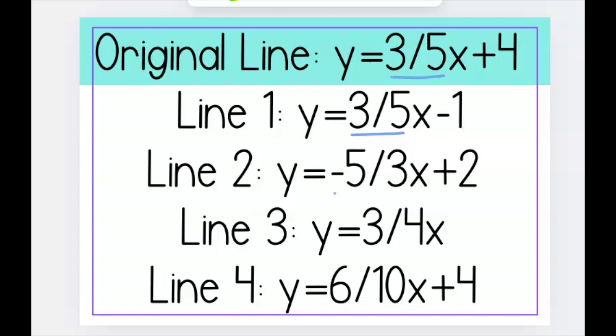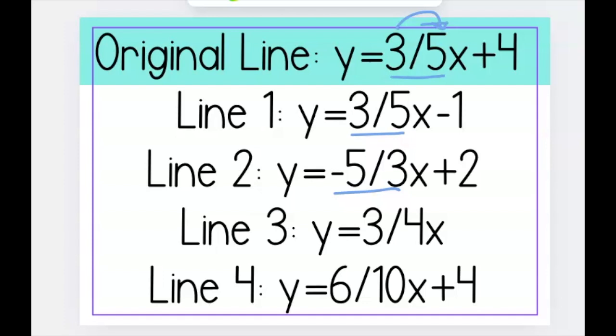Line 2, this one is -5/3, so they took this original fraction and it got flipped upside down. And then it's the opposite sign. So that is called the opposite reciprocal, which means this line is going to be perpendicular to the original line. So that means they're going to cross at a 90-degree angle.